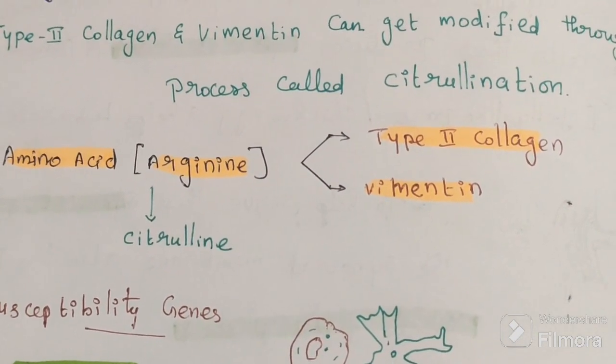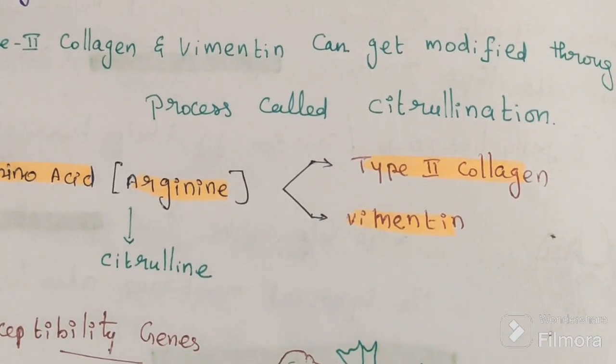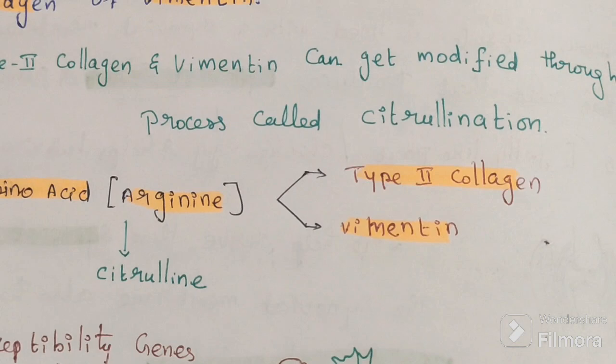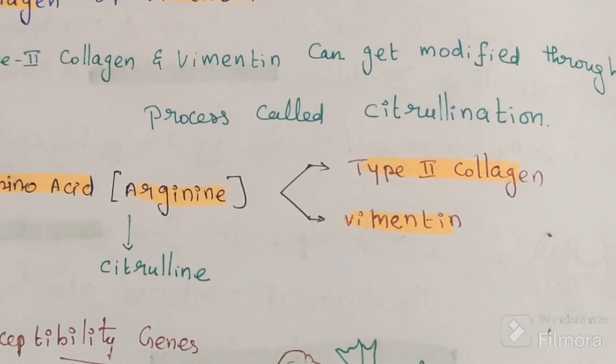That is when the amino acid arginine found in these proteins is converted into another amino acid, citrulline.